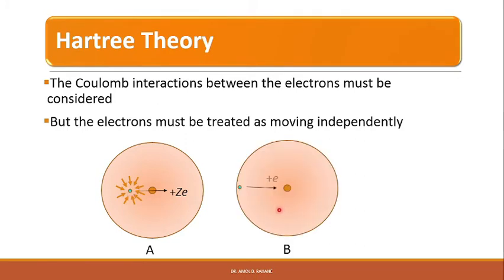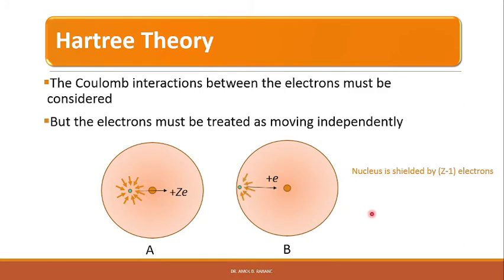From figure B, it can be seen that very far from the center, the behavior of the net potential should be essentially like the Coulomb potential due to a net charge plus e, which represents the nuclear charge plus Ze shielded by the charge minus Z-1 e of the other electrons.